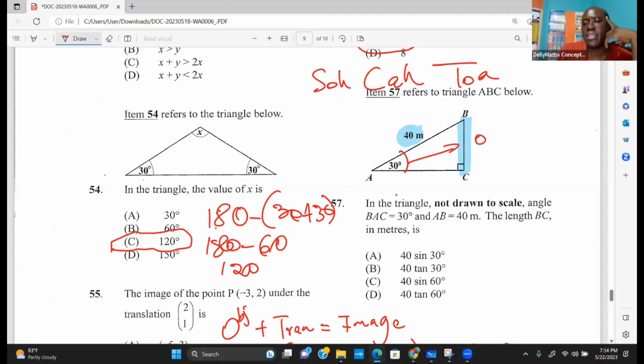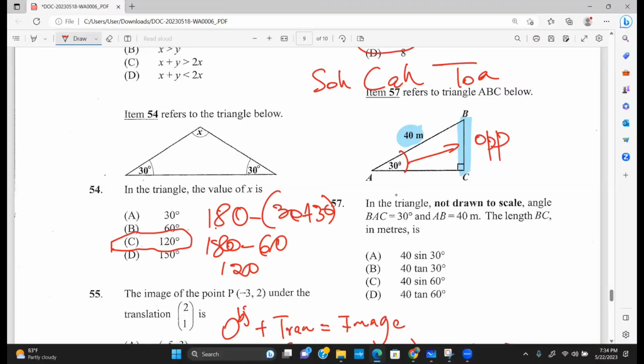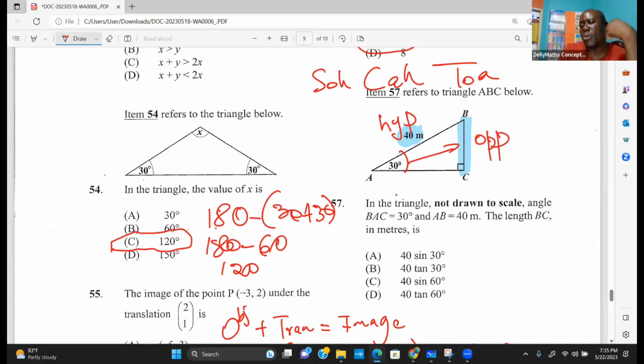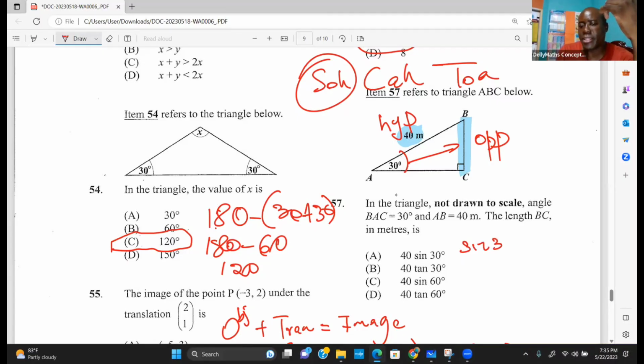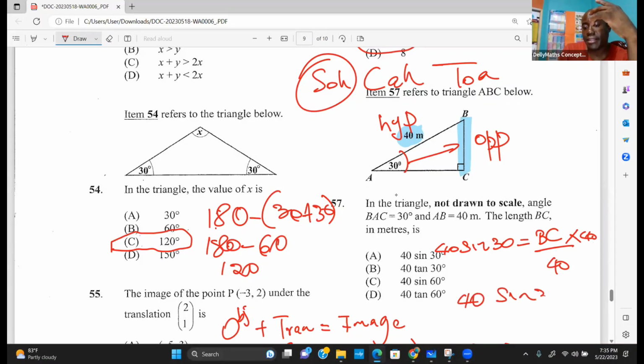BC is opposite. And what is the 40? Hypotenuse. So which one has hypotenuse and opposite? Sine. Fine, that's it. So basically you want to set it up and say sine 30 is BC over 40. So BC is going to be 40 sine 30.